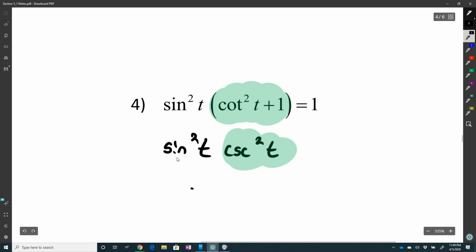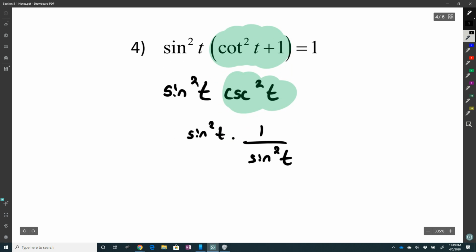But cosecant squared is 1 over sine squared. And notice that you get sine squared over sine squared. So those would cancel, and you're left with 1.